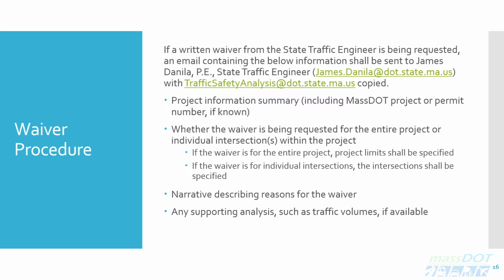If the waiver is for the entire project, project limits shall be specified. If the waiver is for individual intersections, the intersections shall be specified. Include a narrative describing the reasons for the waiver. Include any supporting analysis, such as traffic volumes, if available.